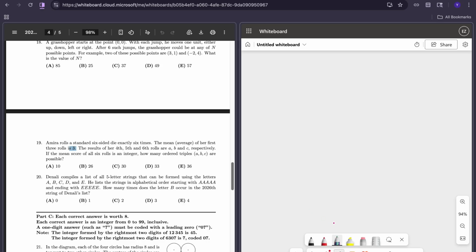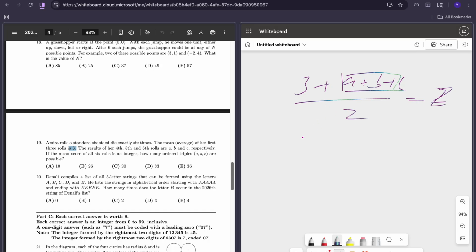So this means we're looking for 3 plus the average of these 3, say A plus B plus C, over 2, which should still be a positive integer.